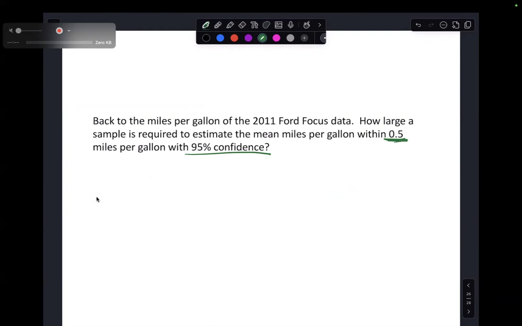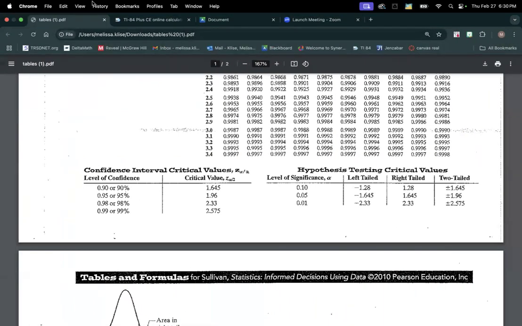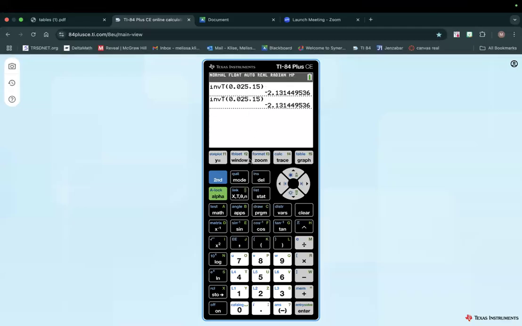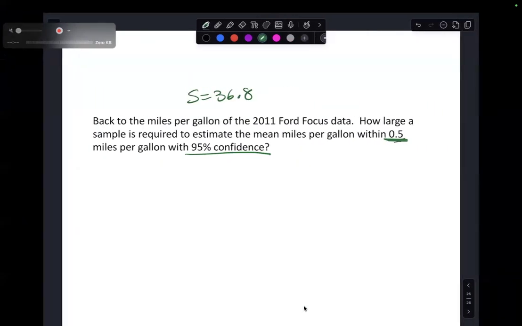Let me see what we had for our standard deviation. Let's go back. What was our standard deviation? It was 36.8. So my S equals 36.8. There we go. That's what I'm going to use.